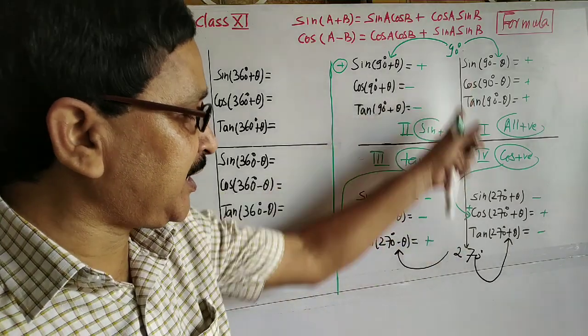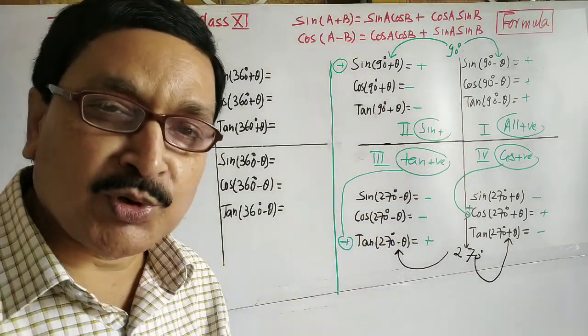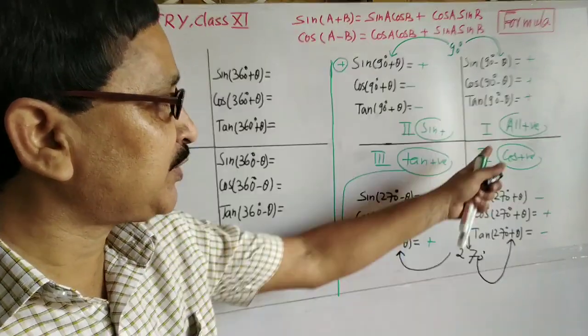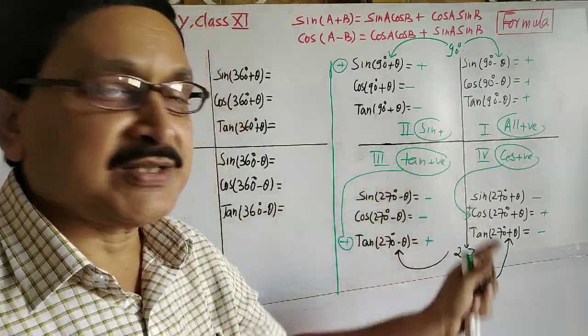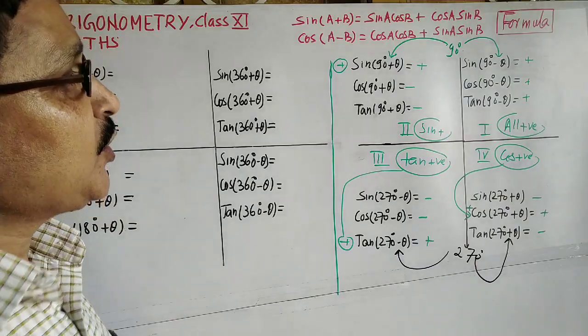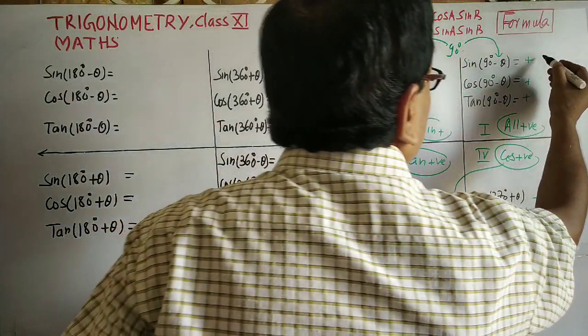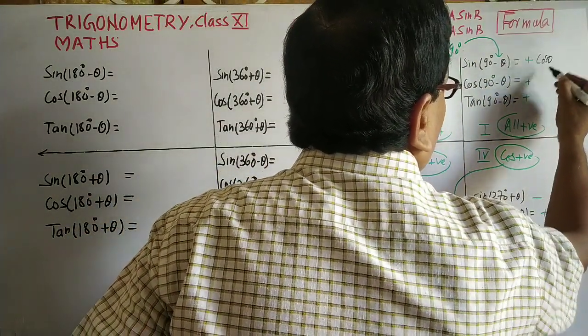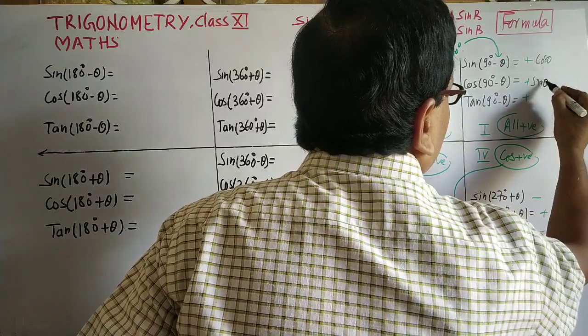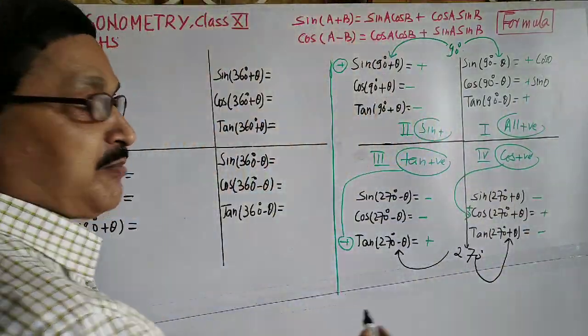For 90 degree and for 270 degree the behavior does not change, but according to this scheme, all students take a copy, it should be continued. So everywhere sine becomes cos, cos becomes sine, and tan becomes cot.